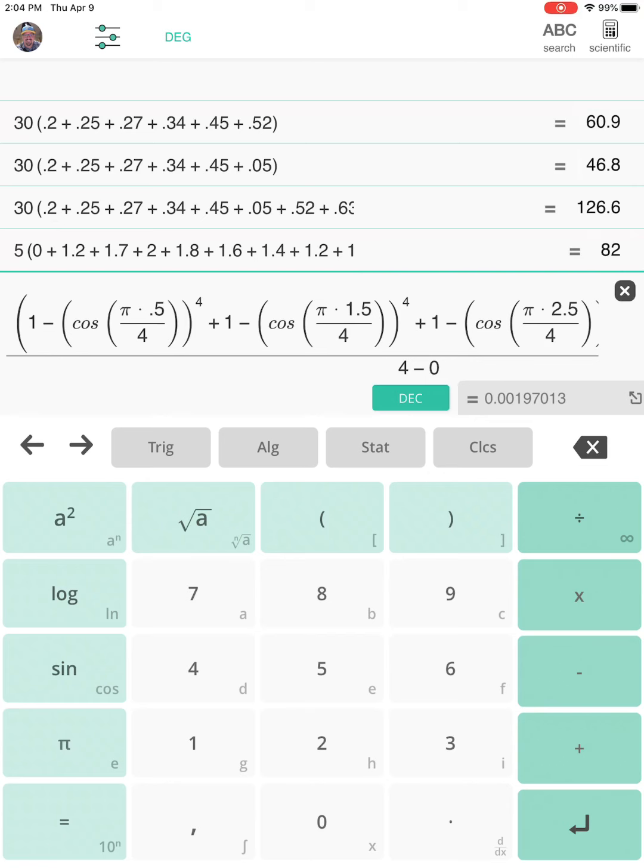Okay, and then close the parentheses, and then we're going to divide that by 4 minus 0.